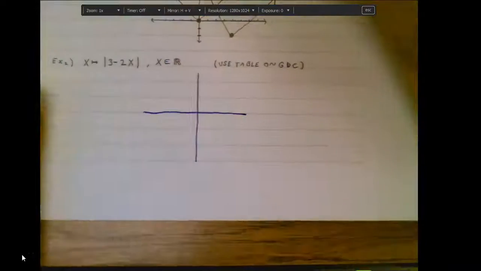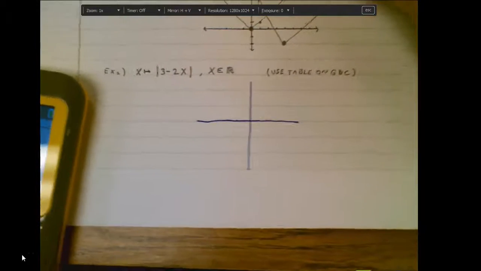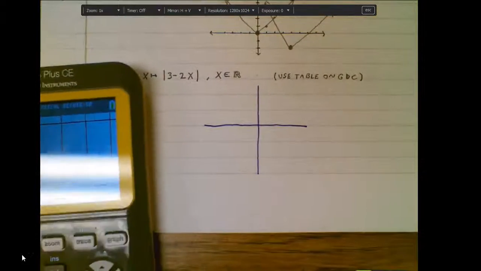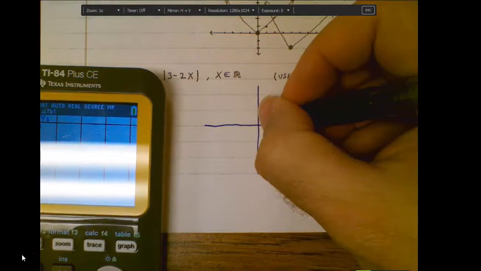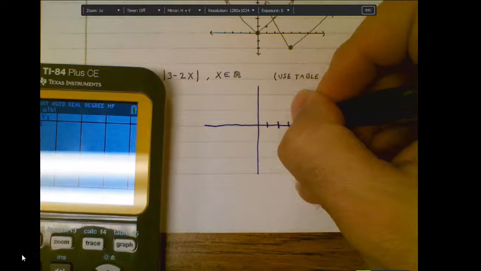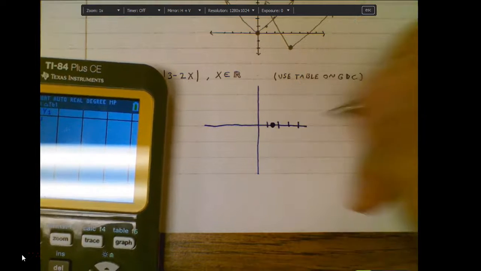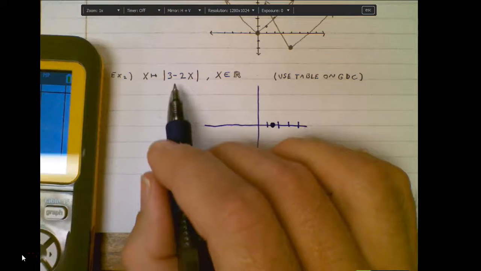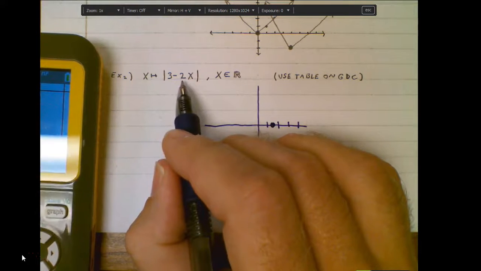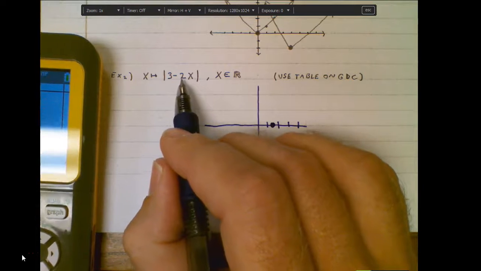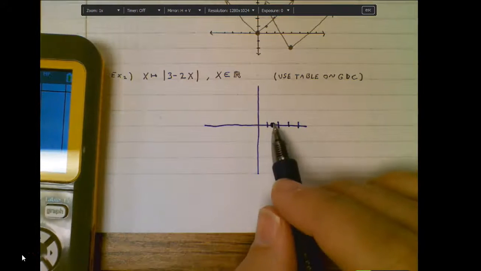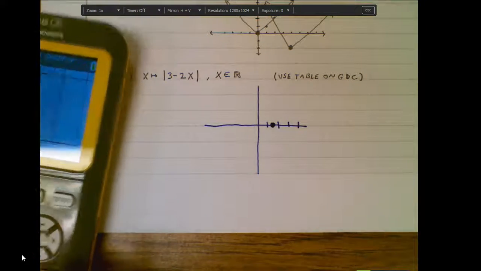And let me finish it off with that look right there. Again, I could tell that my vertex was between 1 and 2, so it should be about 1.5. One way to figure that out is if you set this equal to 0 and solve for x, you'll get 1.5, which is where the vertex goes. So that's another way of figuring that out.